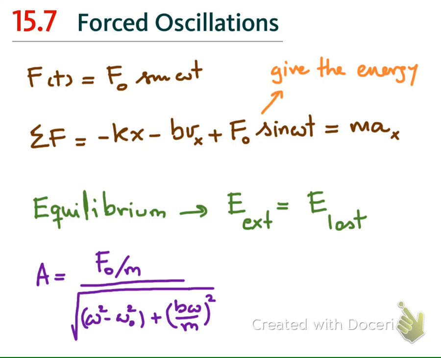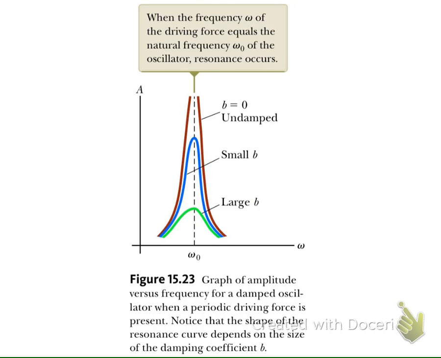From this expression, you can see that when omega is equal to omega 0, the amplitude of the oscillation will have the maximum value, because if omega is equal to omega 0, this term vanishes, and you will get the maximum value of A. If we draw the graph between the angular frequency of the applied force and the amplitude, we will have something like this.